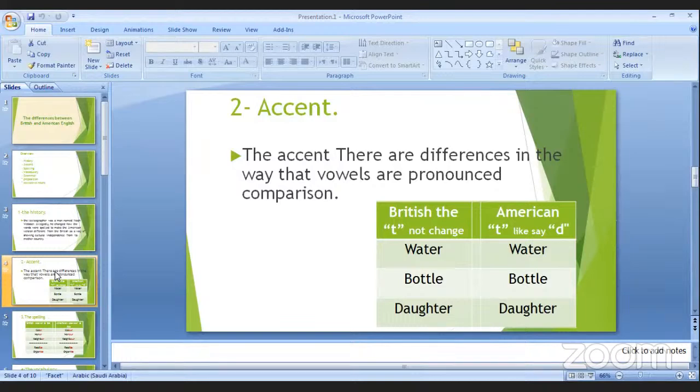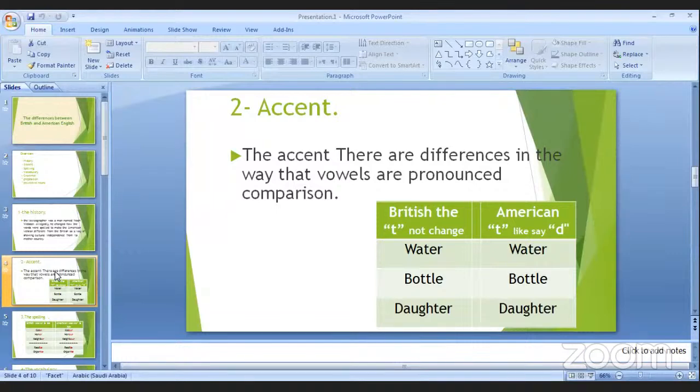For example, in British English the T does not change, but in American English the T sounds like a D. For example, in British English we say water. Well done.